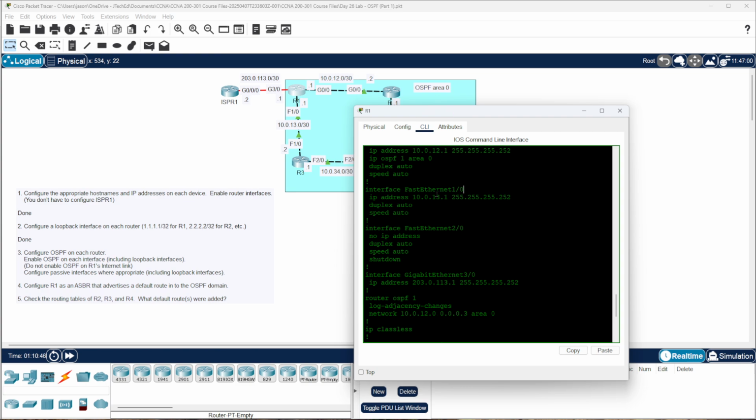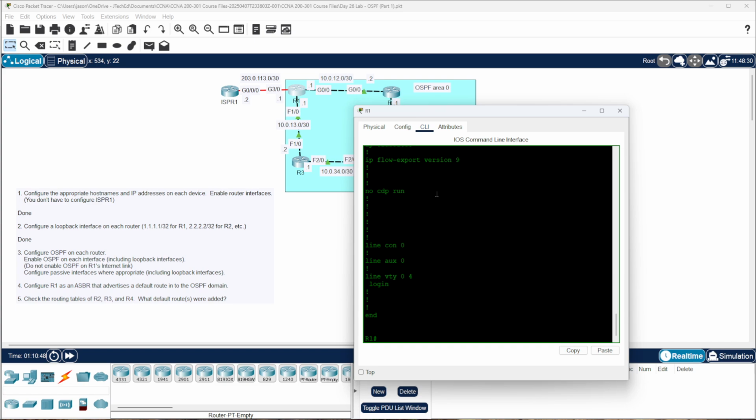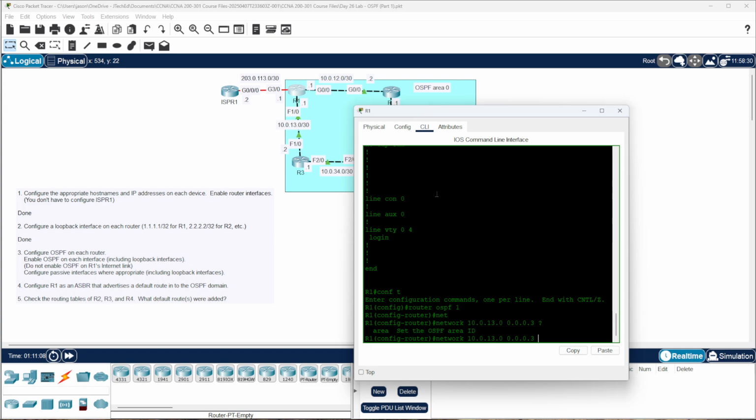But why do we only have this network? I would think we'd want, while we're on here, router OSPF 1 and we're going to want network 10.0.13.0 0.0.0.3. I might be totally wrong about this reversing the mask.